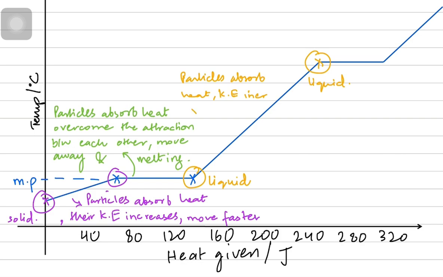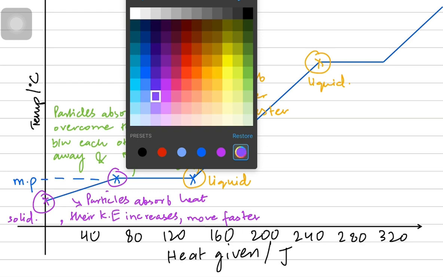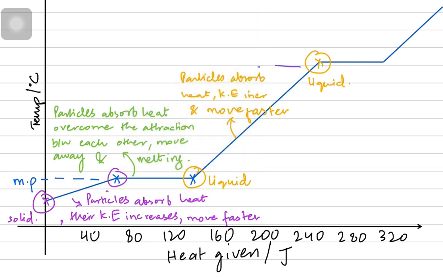When they absorb this heat energy, they increase their kinetic energy and obviously move faster. Now you don't have to use the word vibration anymore. You can say they move faster because now they are liquid, right? And after a while, at 100 degrees, which is the boiling point of water, change of state happens.